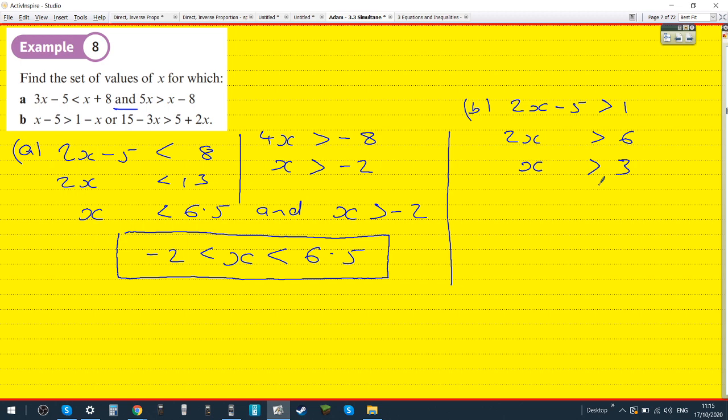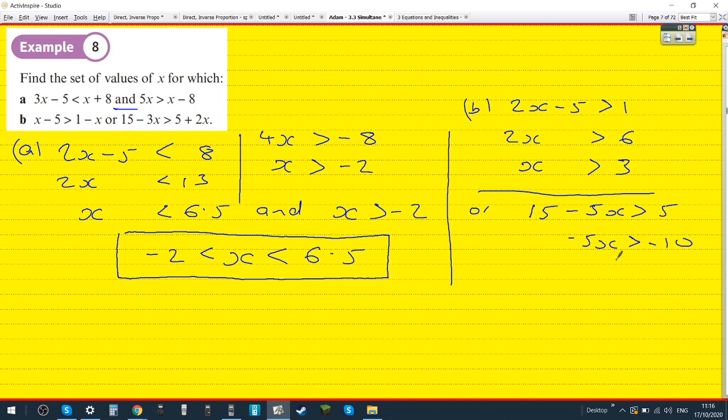so we minus 2x from both sides, which would be 15 minus 5x is greater than 5. And then we minus 15 from both sides, which would be minus 5x is greater than minus 10. And then you divide by minus 5.